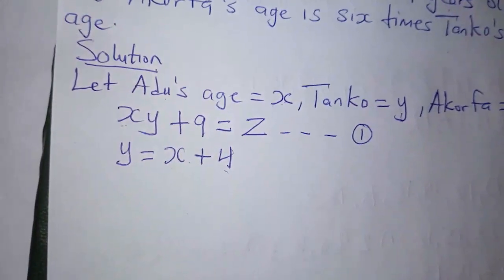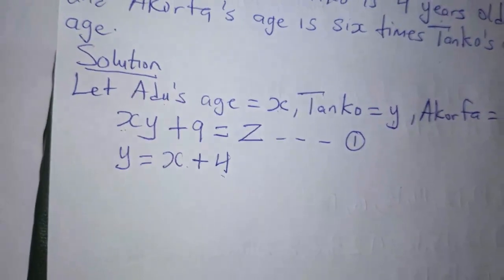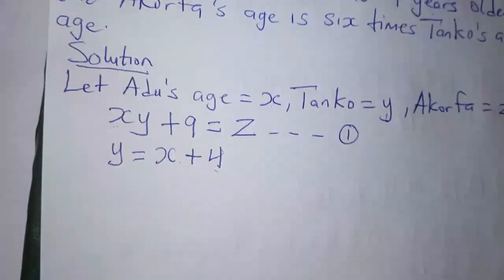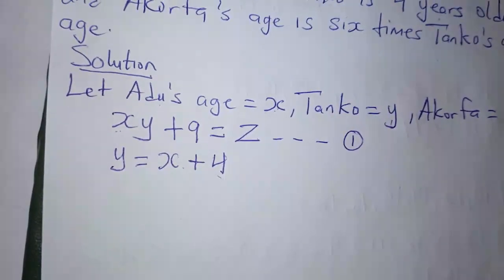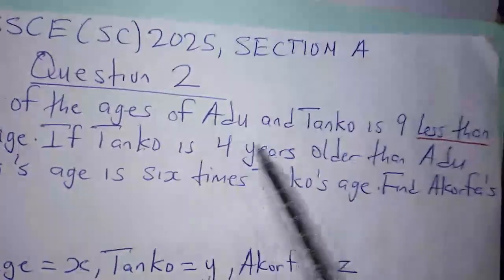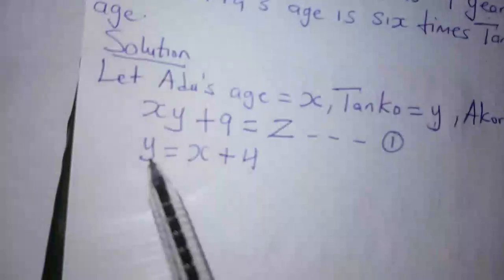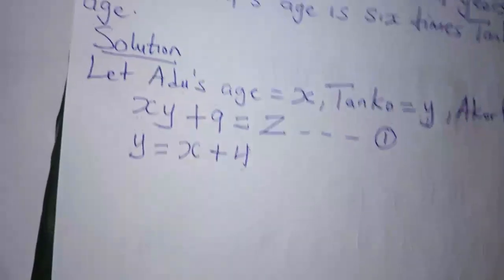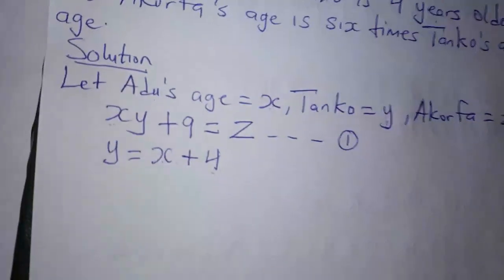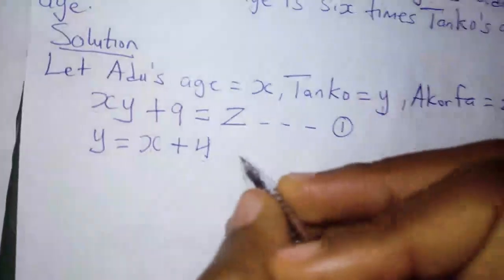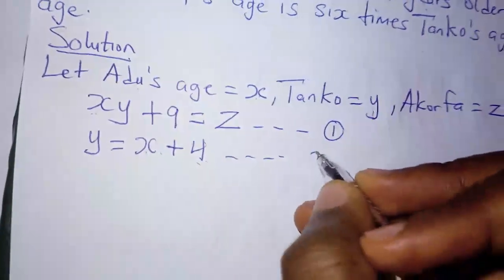It means before you can get to y, you must add 4 to x. That means Tanko is 4 years older than Adu. So meaning Tanko's age will be Adu's age plus 4. So you can also call this equation 2.